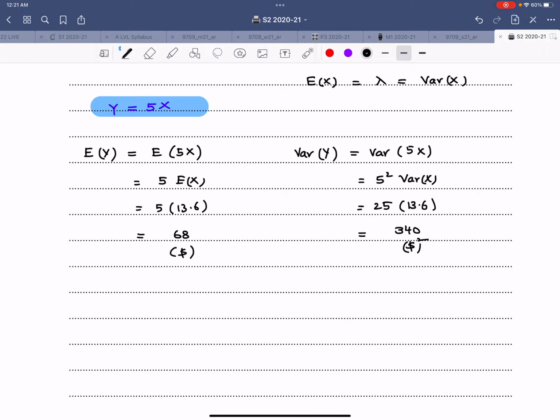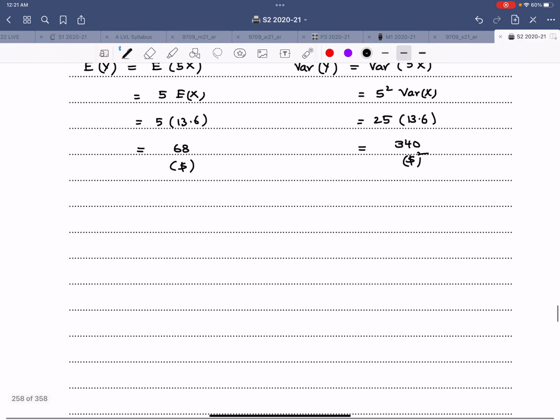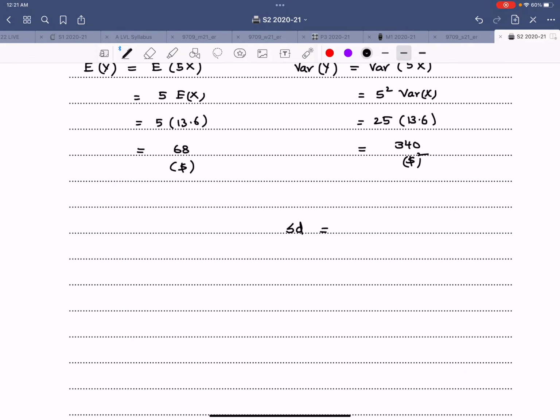The unit of standard deviation will be dollars. Standard deviation is the square root of variance, so the square root of 340, which comes out to be $18.4, correct to 3 significant figures.